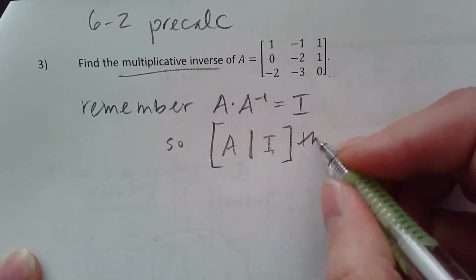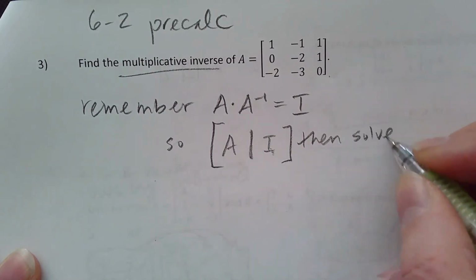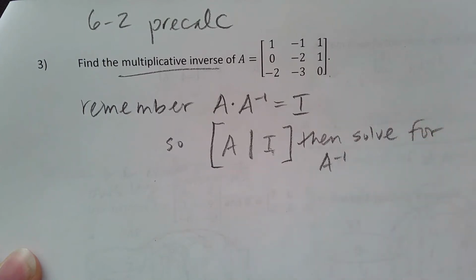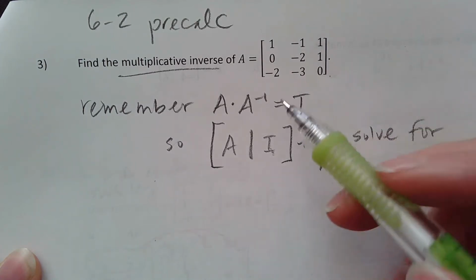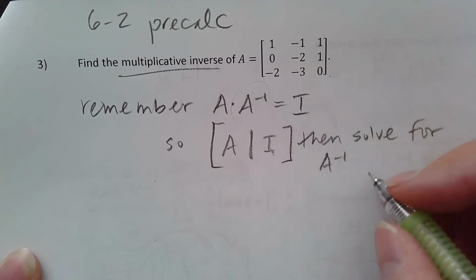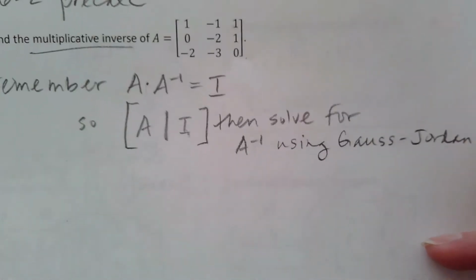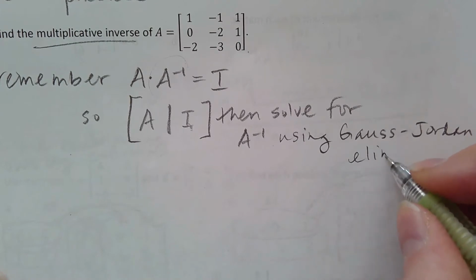Then I could solve for my inverse matrix. So instead of solving for X, Y, Z, I'm solving for that entire identity matrix using Gauss-Jordan elimination.